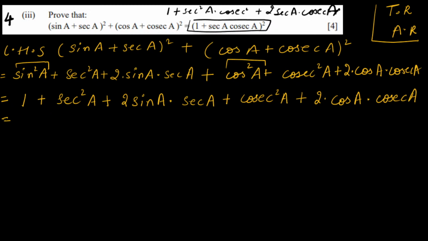Which trigonometric relation can we use next? After applying the whole square, this is what we are getting. Can we convert everything to sine or cos? Reciprocal relations?